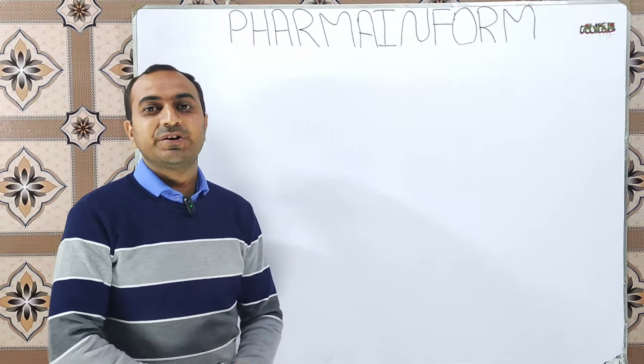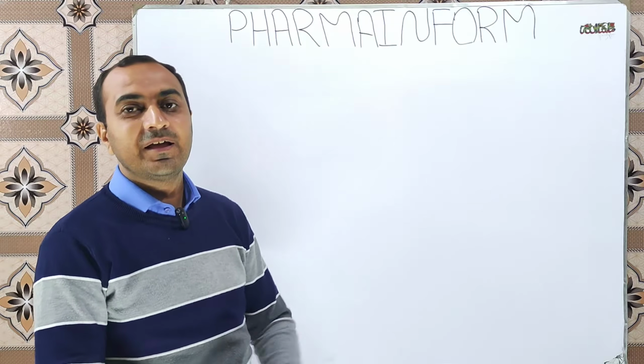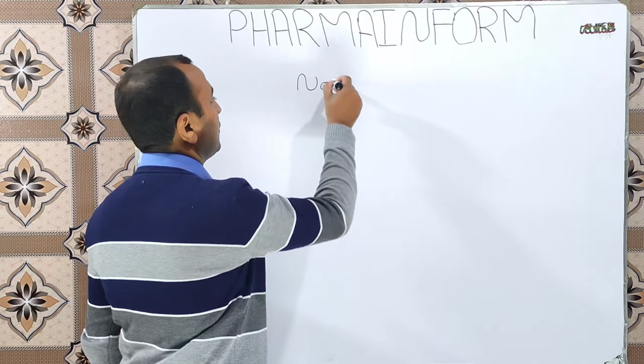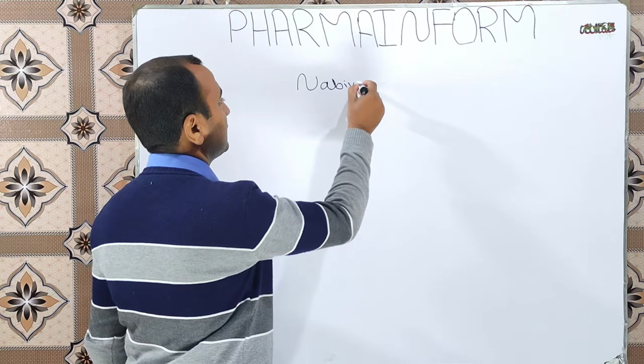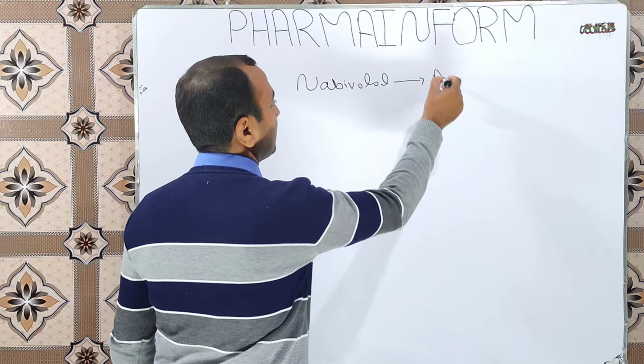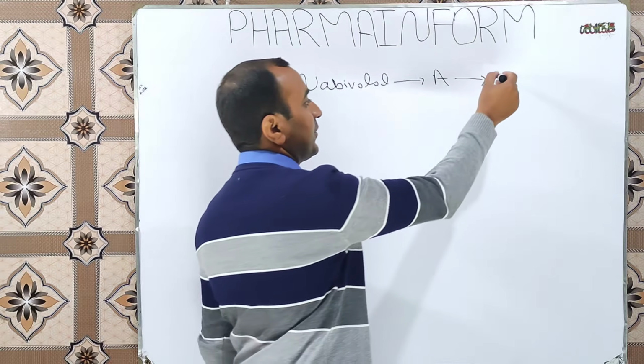Suppose we purchased Nebivolol, an active pharmaceutical ingredient, from supplier A. Nebivolol from supplier A has an SA value of 100%.